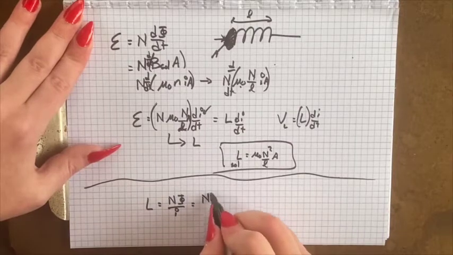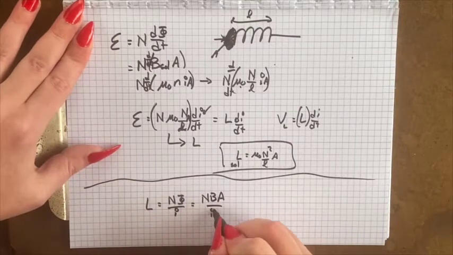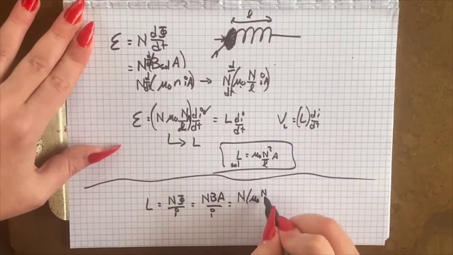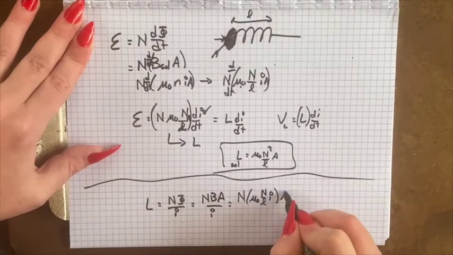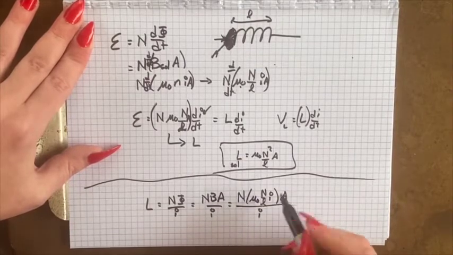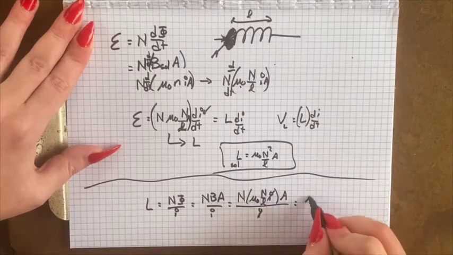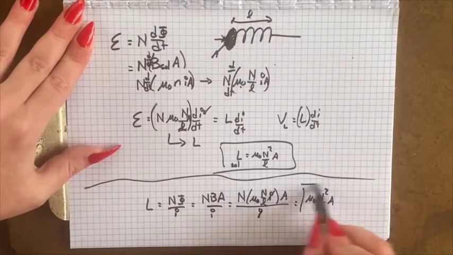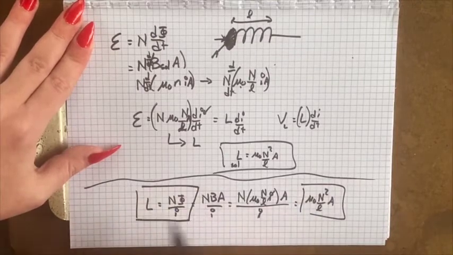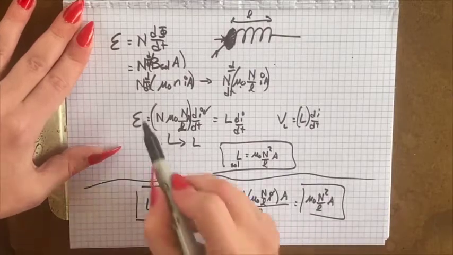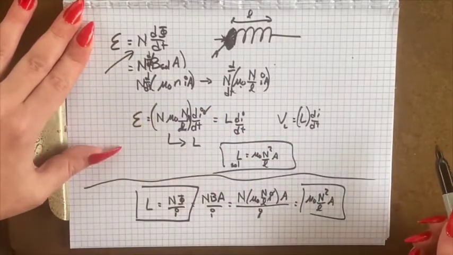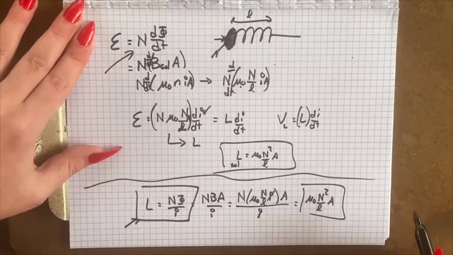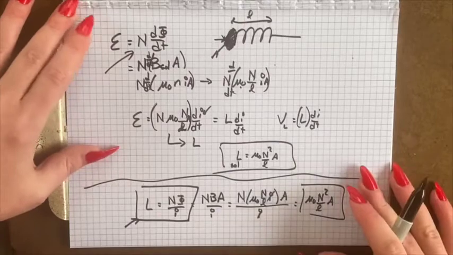So we have N B A over I, which is N mu naught N over L I A, and we'll divide out the I, and what do you know? It's the same formula. So here are two definitions: it either comes from directly doing Faraday's law, or from simplifying out all of the non-variables from the flux.